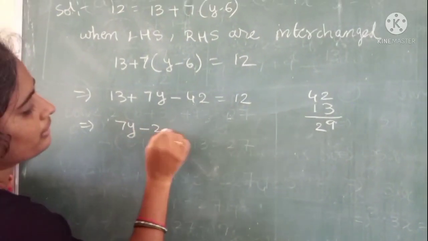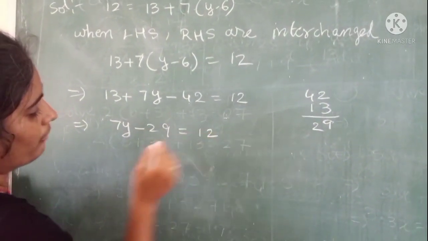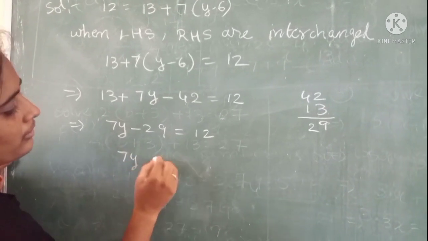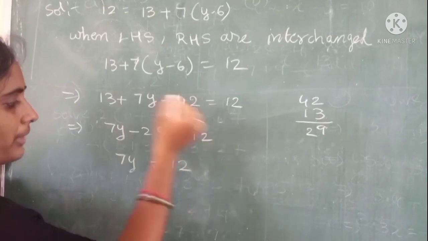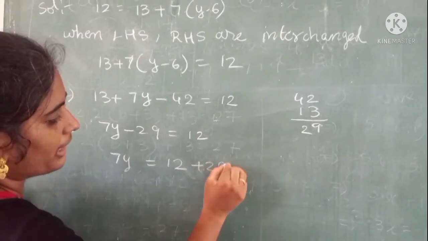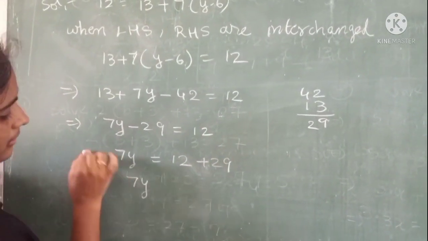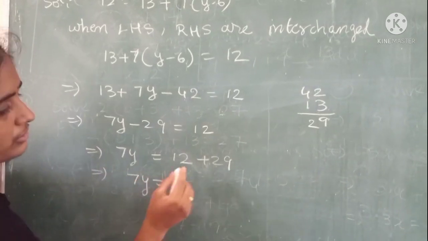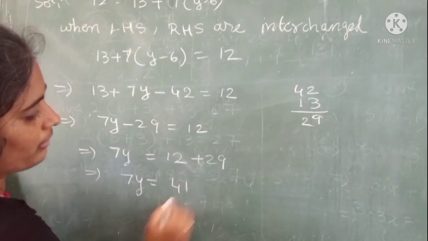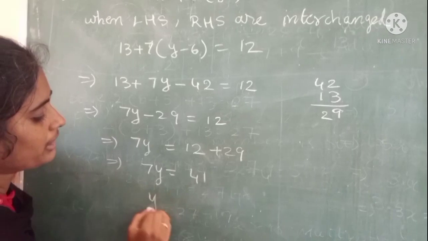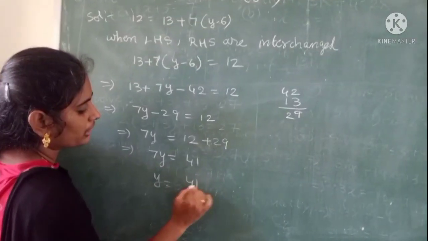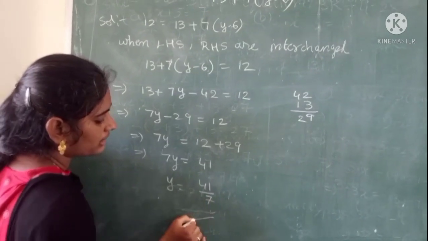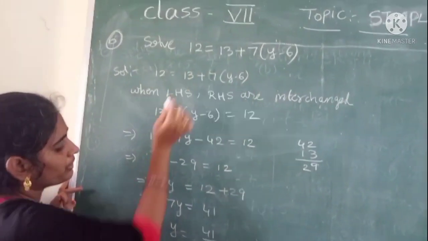We get minus 29 plus 7y equals 12. 7y equals 12, minus quantity becomes plus quantity, so plus 29. 7y equals 41. y equals, multiplication on that side becomes division, 41 by 7. This is the solution of the given simple equation.